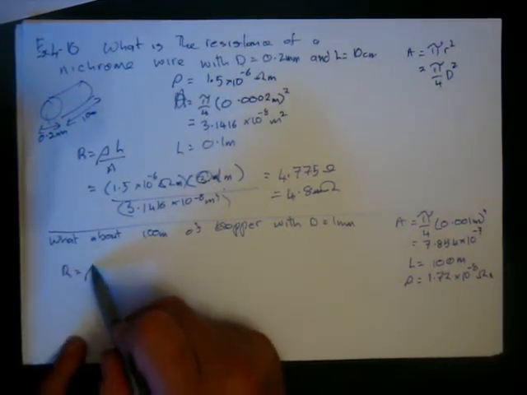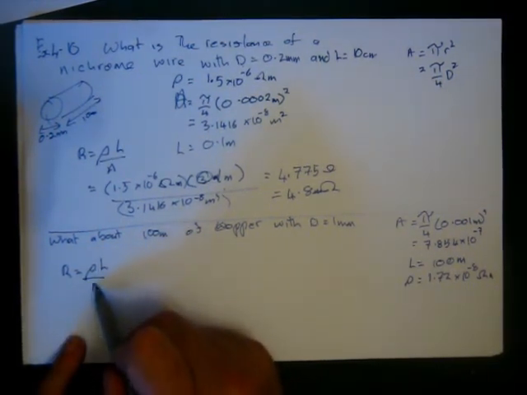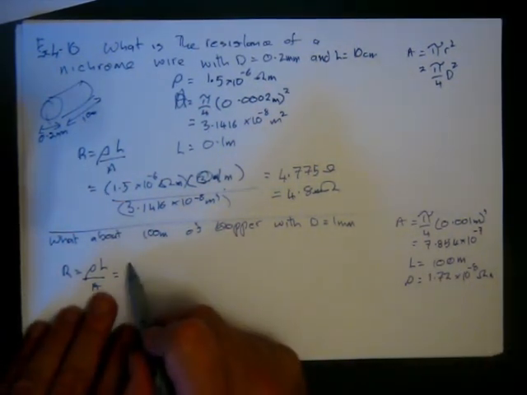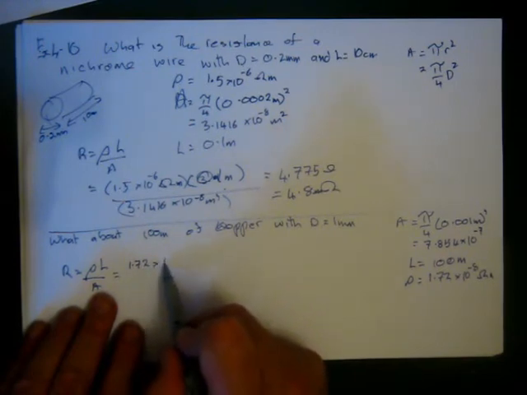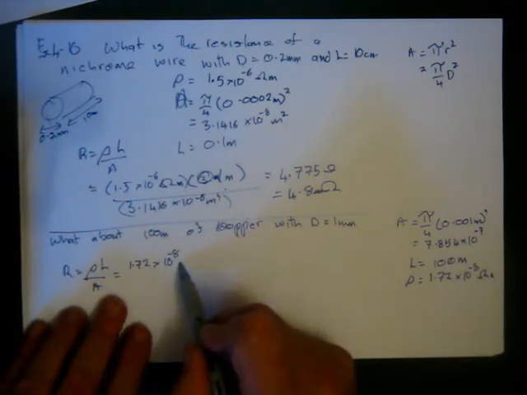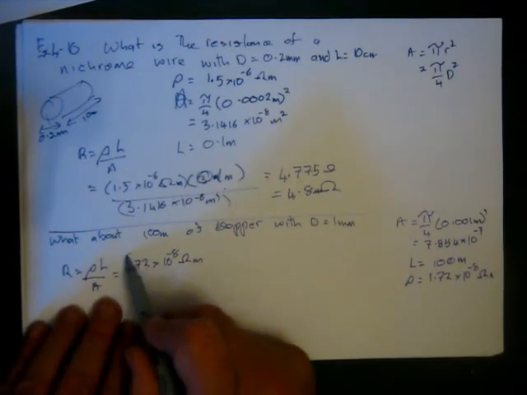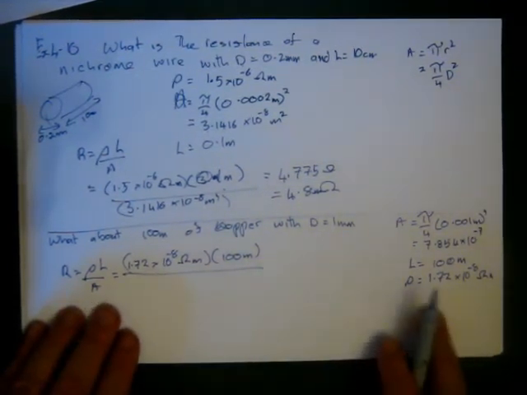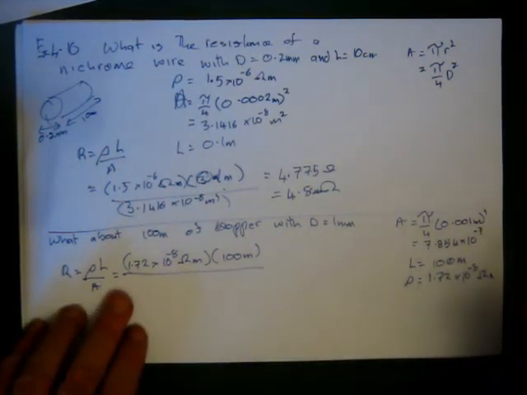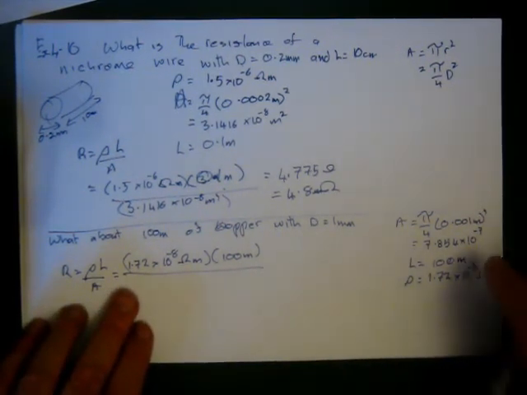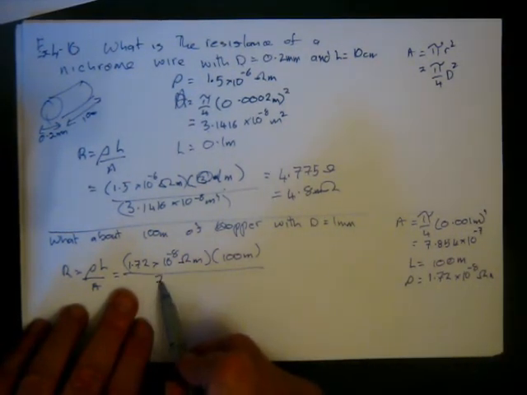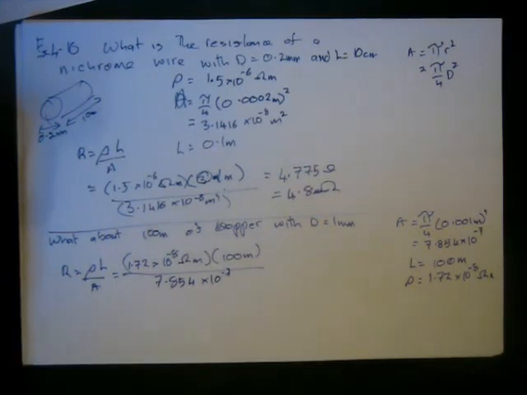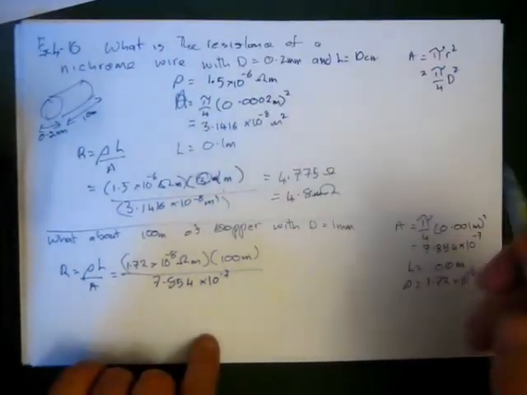R is equal to rho L over A, which is equal to, look up the resistivity, 1.72 times 10 to the negative 8 ohm meters times 100 meters, all over the cross-sectional area, which is 7.854 times 10 to the negative 7 meters squared.